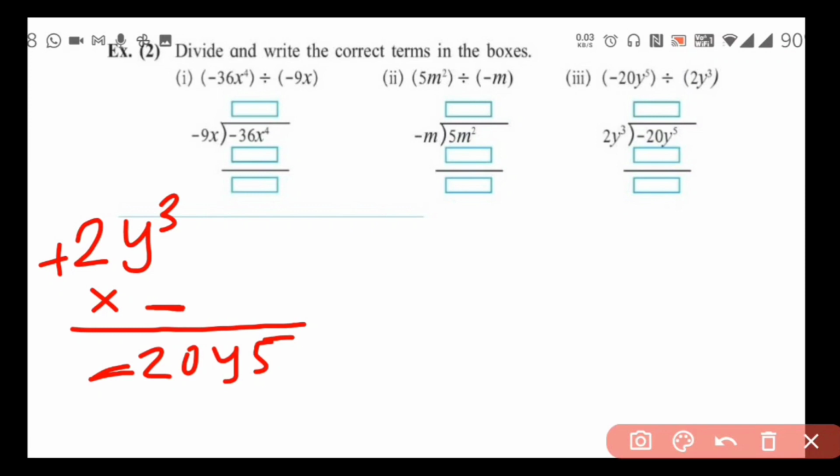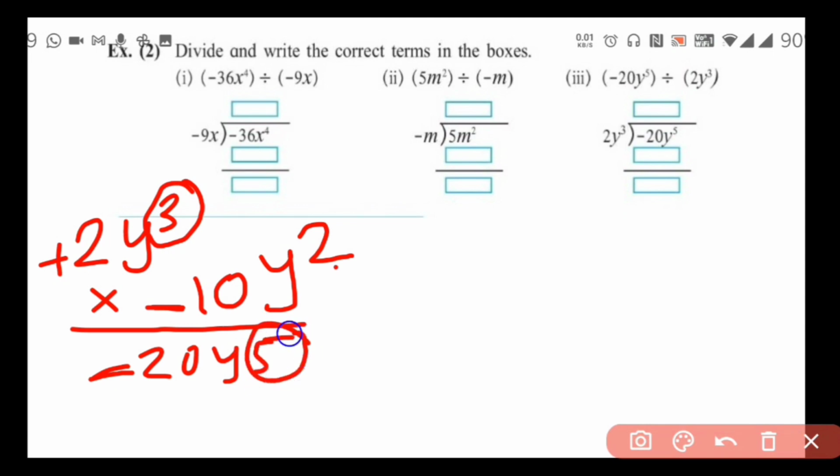Correct. Now 2 multiplied by what? The answer is 20. 2 multiplied by 10, the answer is 20. Correct. Now we require y raised to 5. Here y cube is there. That means we have to write y square because 3 plus 2 is 5. So y cube multiplied by y square gives y raised to 5.